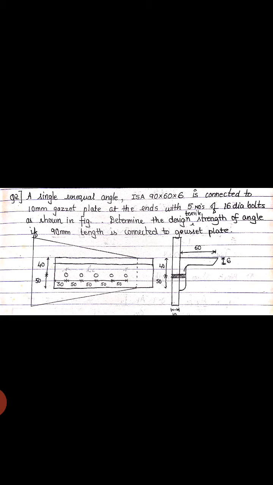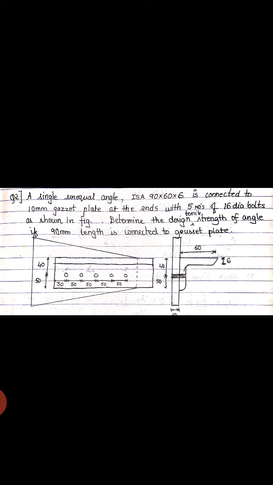A single unequal angle ISA 90 by 60 by 6 is connected to a 10 mm gusset plate at the ends with 5 numbers of 16 mm dia bolts as shown in the figure. Determine the design tensile strength of the angle if the 90 mm leg is connected to the gusset plate.